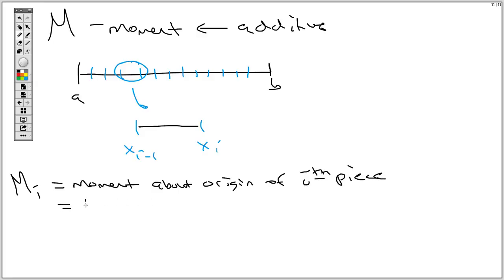And we know that that's the mass of the ith piece times the displacement from the origin.